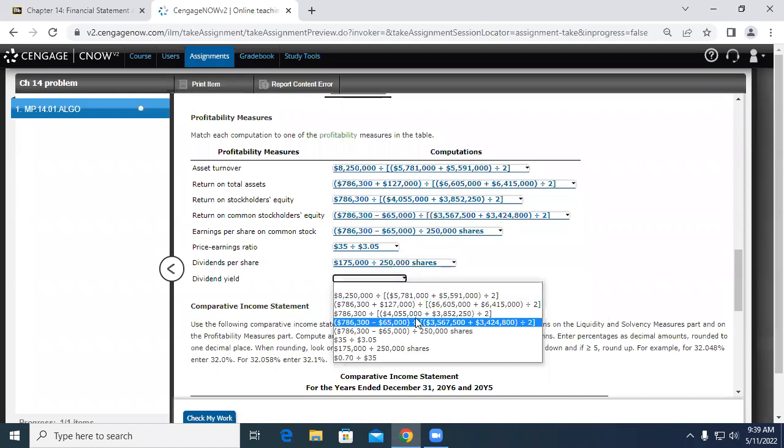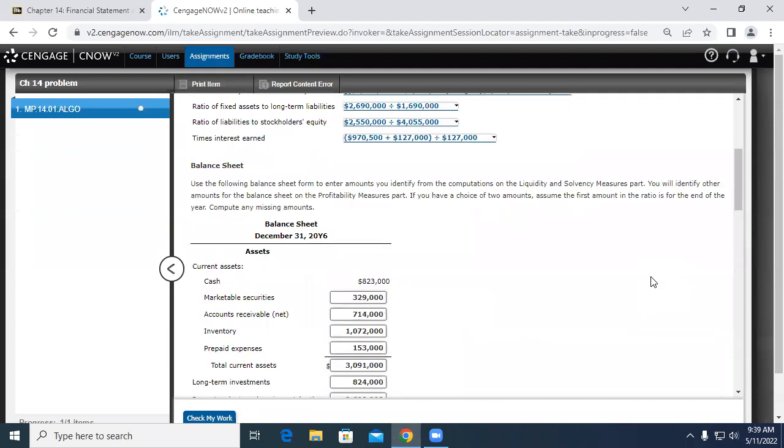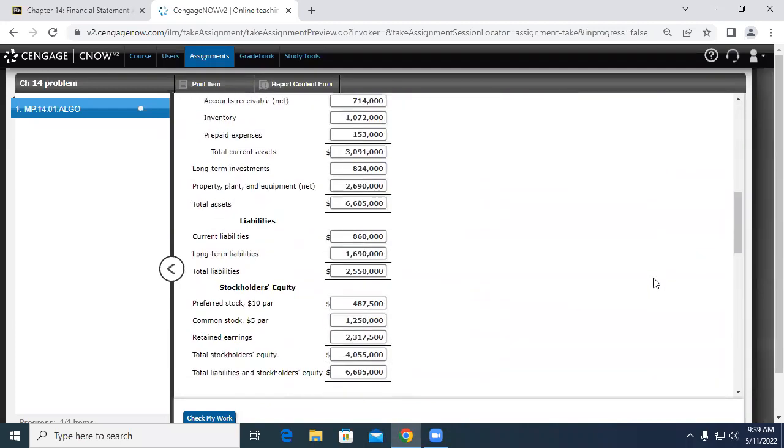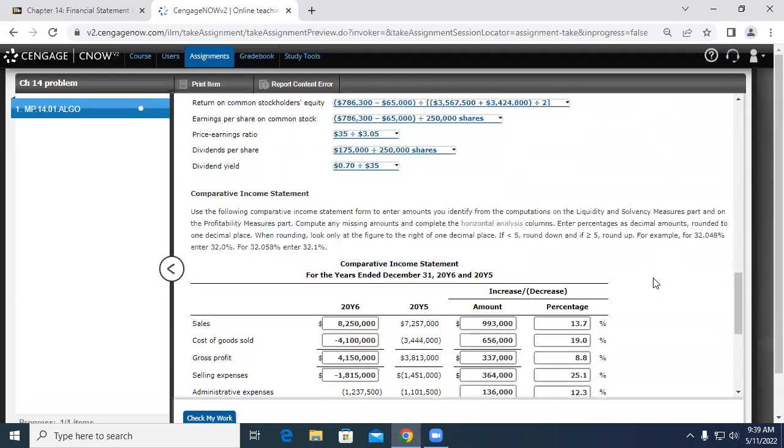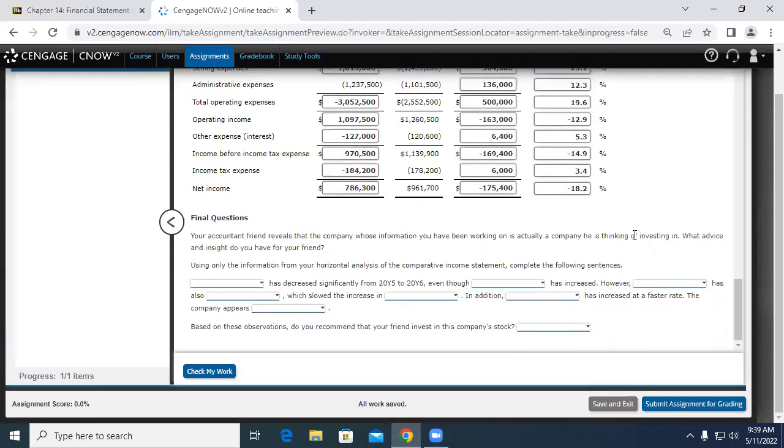Dividend yield, was what I was trying to say, is the dividend per share divided by the market price. So we have now finished both sets of computations, plus the balance sheet, plus the income statement, and we can go ahead and answer these final questions.